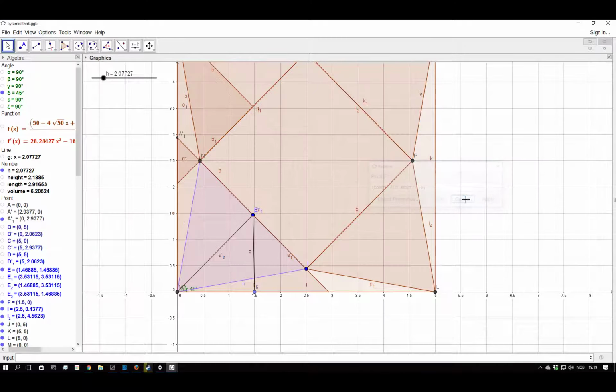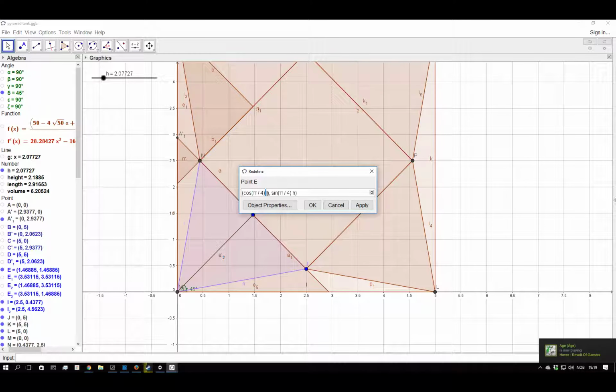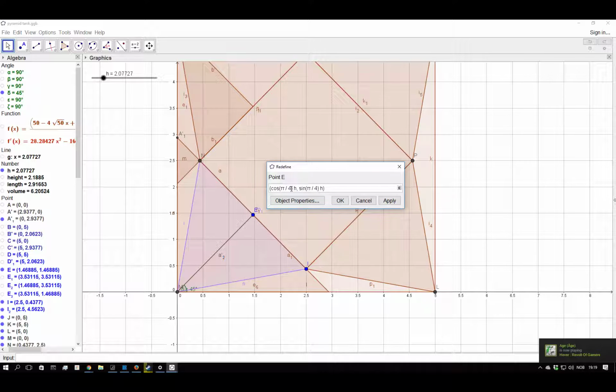So the way I did this is the cos multiplied by the h, so the slant height. Cos multiplied by the slant height gives us the length here, and that's the x value for this point. So this point is defined by this length for the x, and this height for the y, found through the same method, which is sin of pi over 4 multiplied by h.